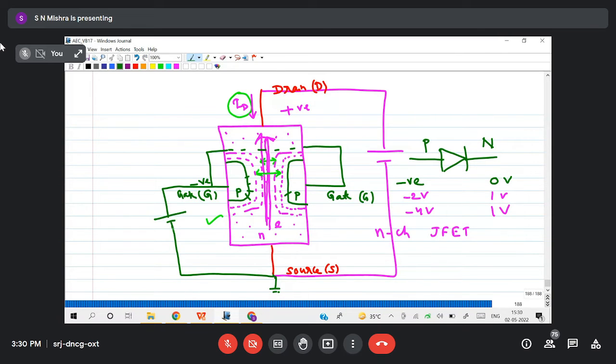If I give positive voltage here, then what will happen? Can I control the current ID? If the junction is forward biased, what will happen? The PN junction is forward biased, so what will I get? Can I get the depletion region here?